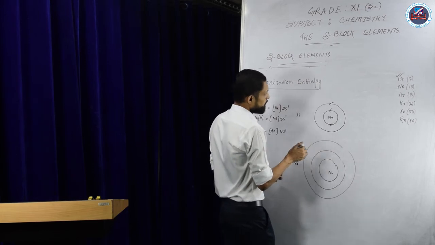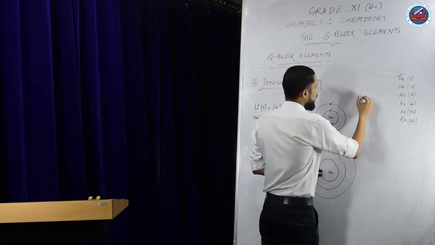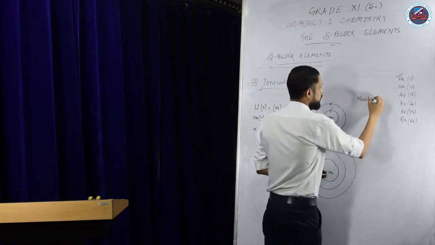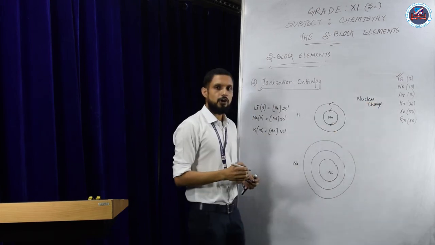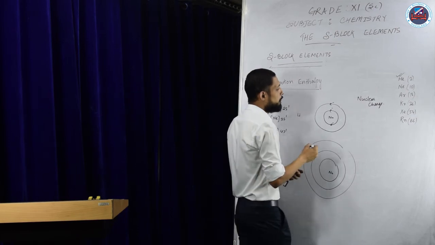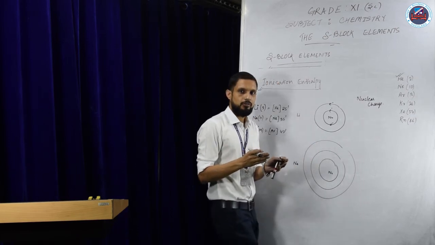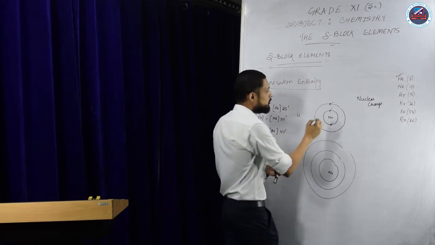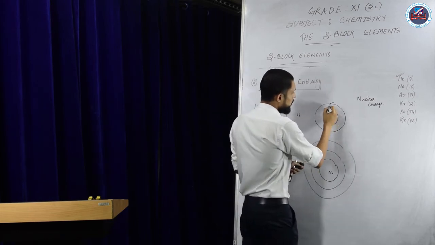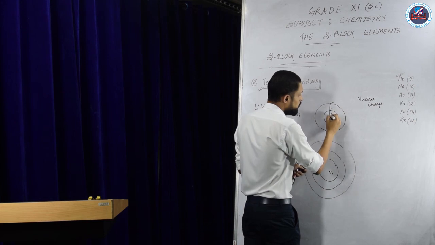Now, first thing, what is meant by nuclear charge? Nuclear charge is the force of attraction between the nucleus and the electron. The nucleus will try to pull the electron toward itself.